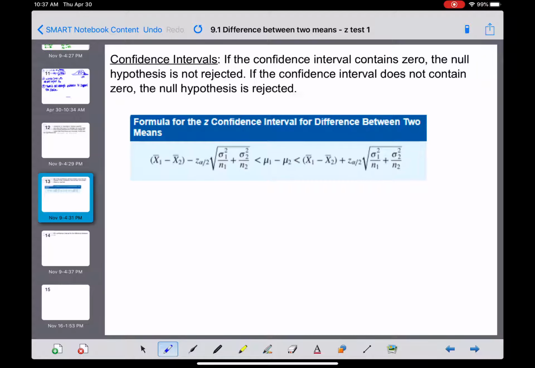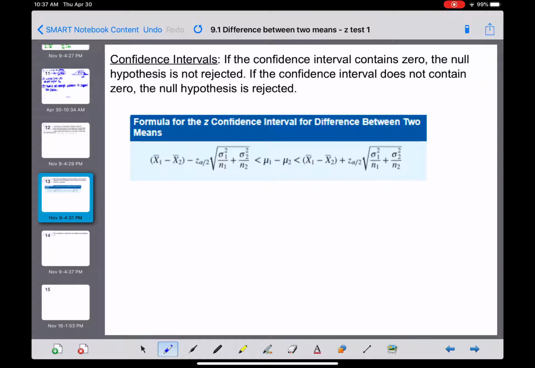It's probable that the difference is not significant, because mu1 minus mu2 is 0. It'll make a little more sense once we do an example. If the confidence interval does not contain 0, then the null hypothesis would be rejected.